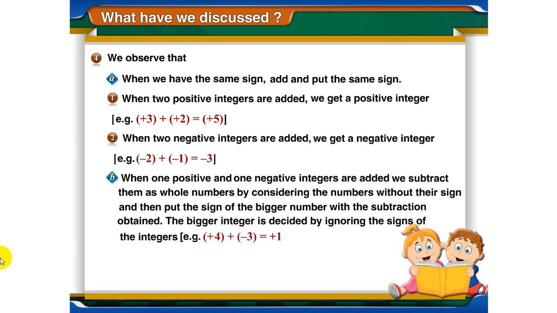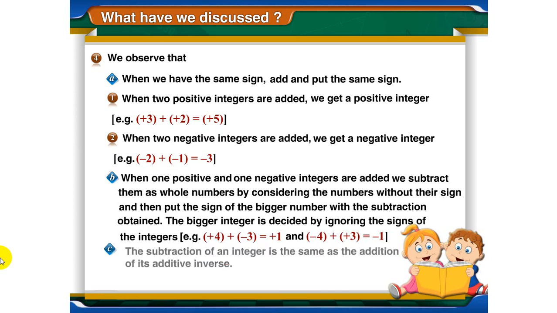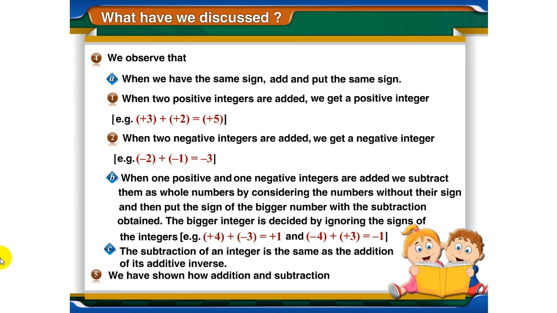Example: plus 4 plus minus 3 is equal to plus 1 and minus 4 plus 3 is equal to minus 1. C. The subtraction of an integer is the same as the addition of its additive inverse. 5. We have shown how addition and subtraction of integers can also be shown on a number line.